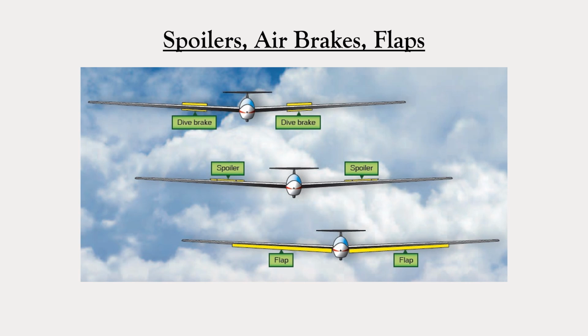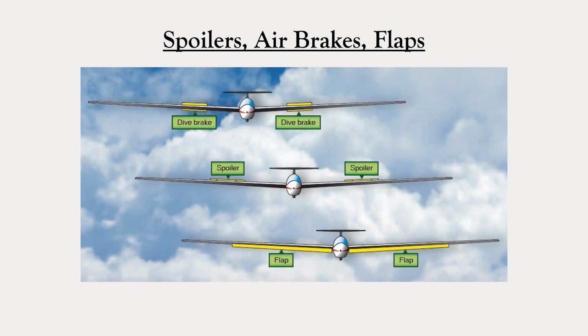Flaps, when deployed, increase both lift and drag. Usually deploying them a little bit mostly increases the lift, and then further deployment mostly increases drag. But all of these devices tend to be used for lower speed operation.